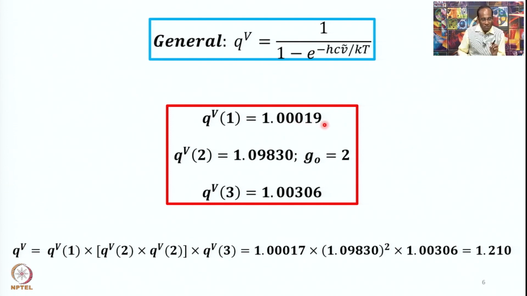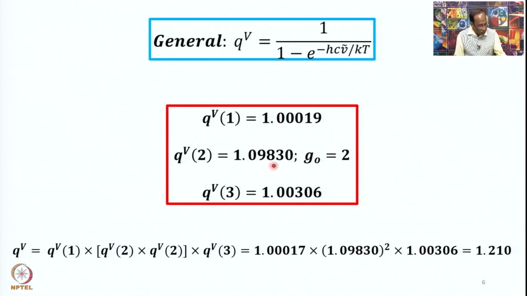That is what I was just telling you a few minutes ago: if the characteristic vibrational temperature is higher than the experimental temperature, you do not expect the upper vibrational level to be populated. In that case, the QV value is going to be approximately 1, and that is what you observe over here.